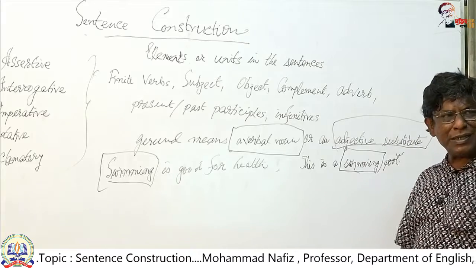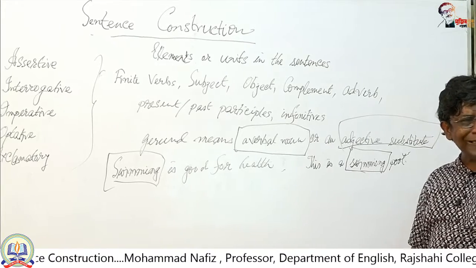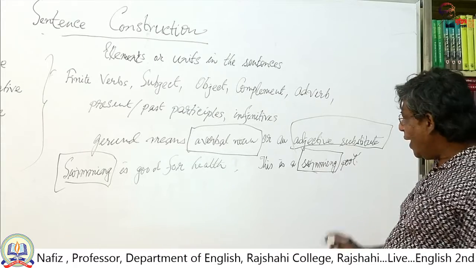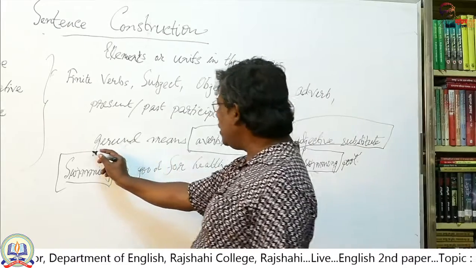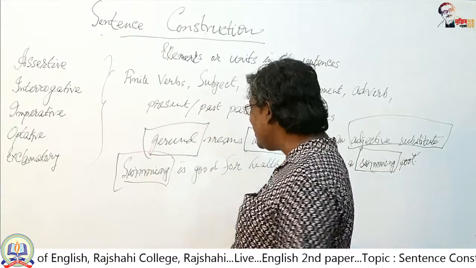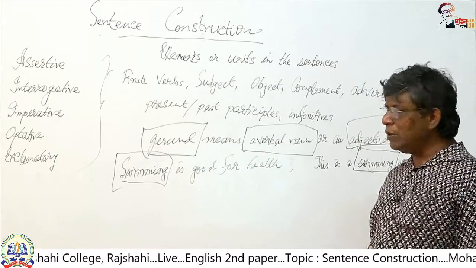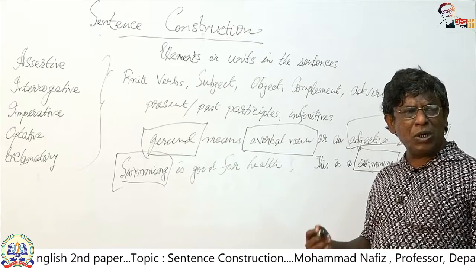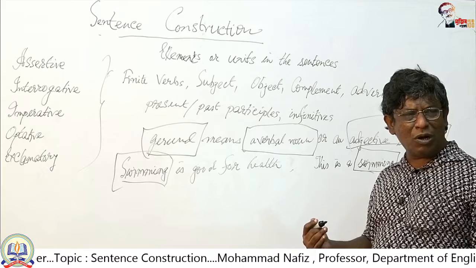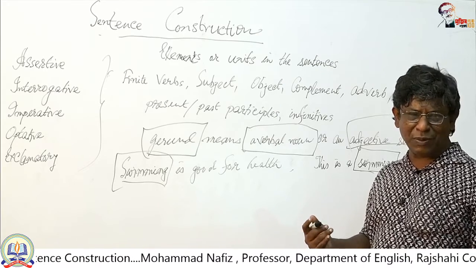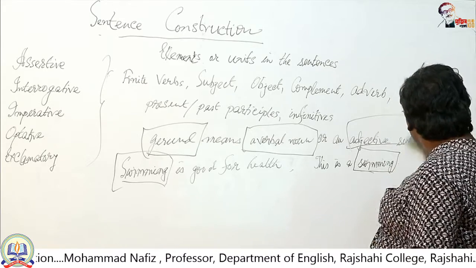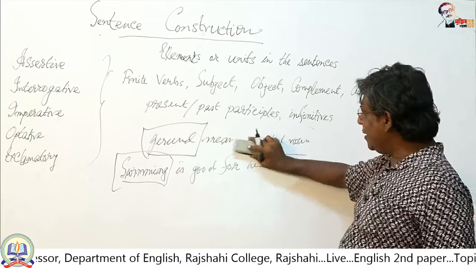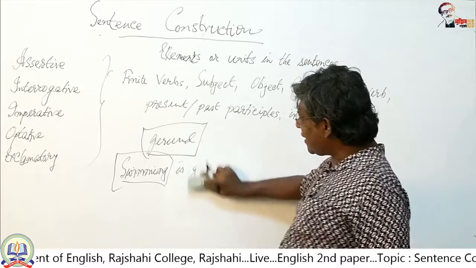And gerund means the use of a verb with ing as an adjective substitute. And gerund is thus not a unit in a sentence. Gerund is the grammatical name of the use of a form of verb when used as a noun or an adjective substitute.